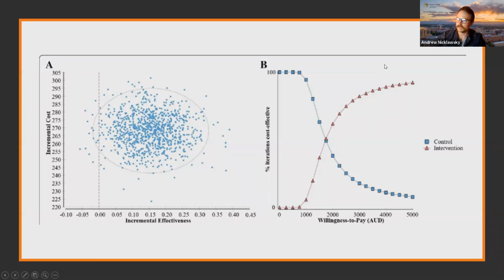So in this example, as we increase our willingness to pay threshold, we can see that the intervention actually becomes more cost effective than the control once we hit this threshold, whereas before, the control itself is the more cost effective option.